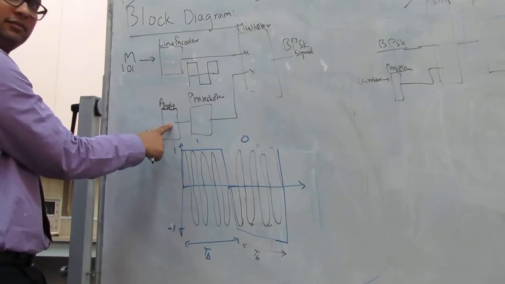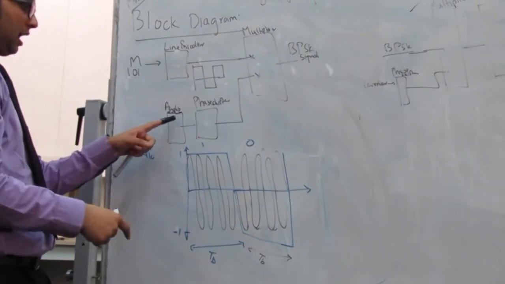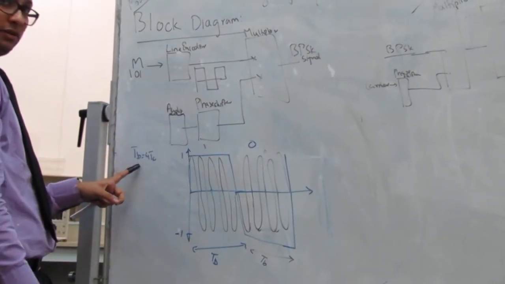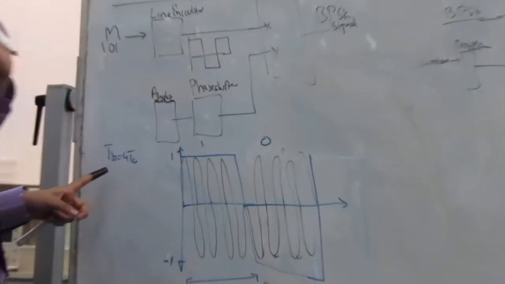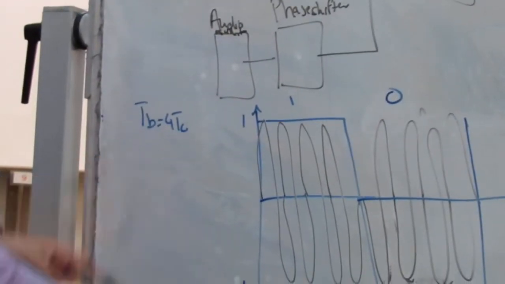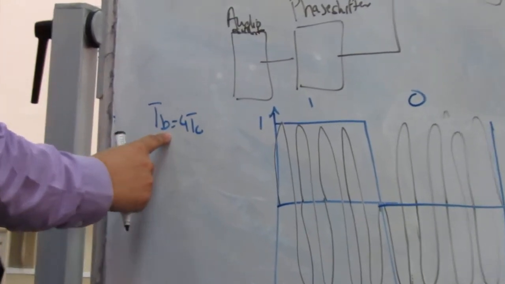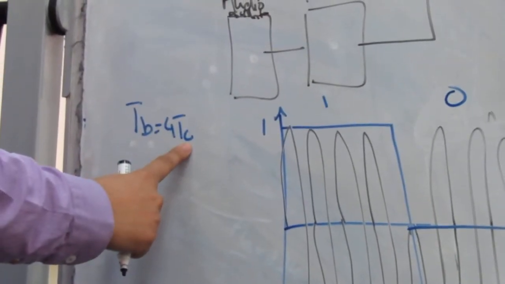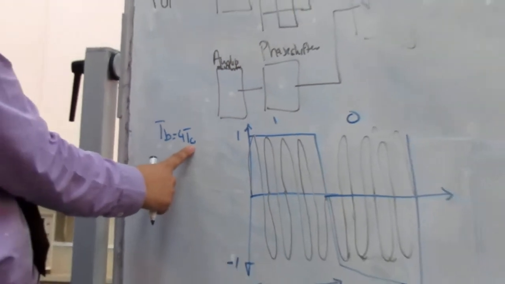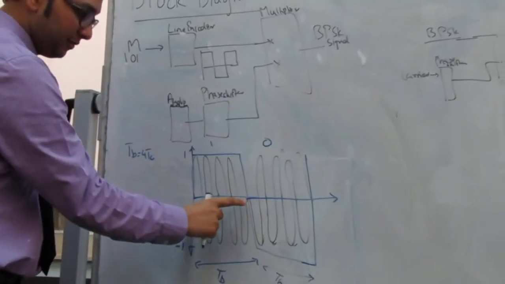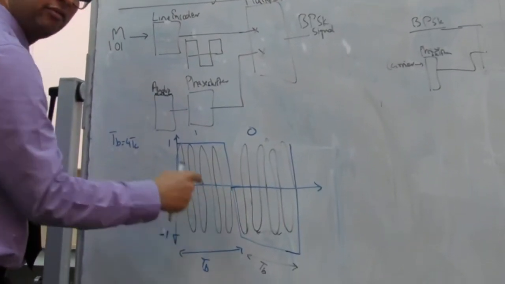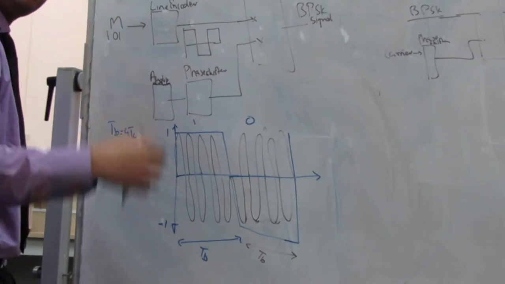I have a carrier, and I need to always ensure this one. This is already ensured in the TIMS modules. The bit clock time period is actually 4 times the carrier time period, which means that in each bit you will have 4 periods of carrier.